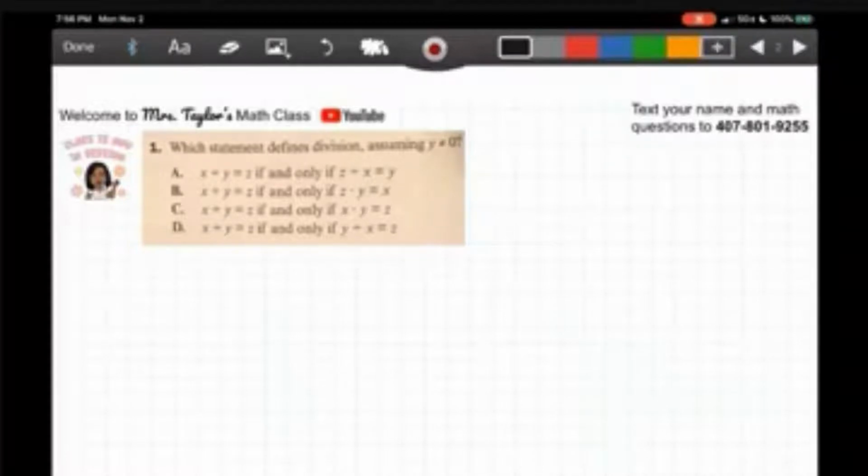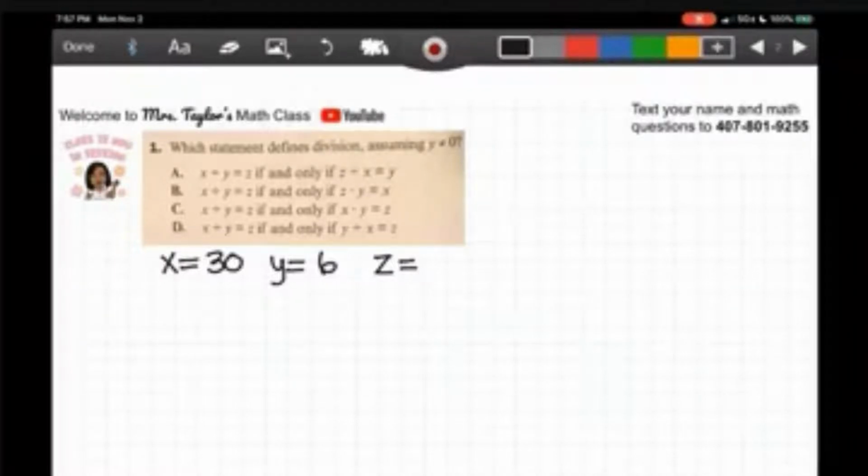So what I did is I came up with numbers for x and y. I made x equal to 30, and I made y equal to 6. From there, it's going to help me figure out what z could be.